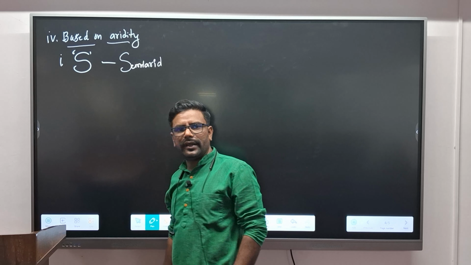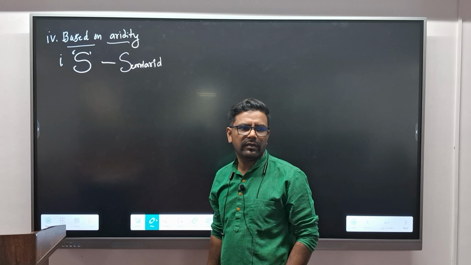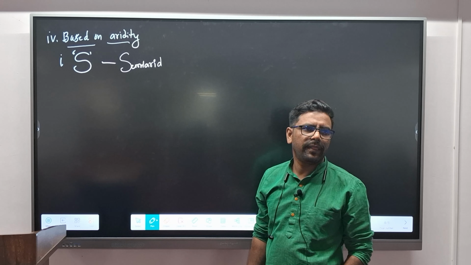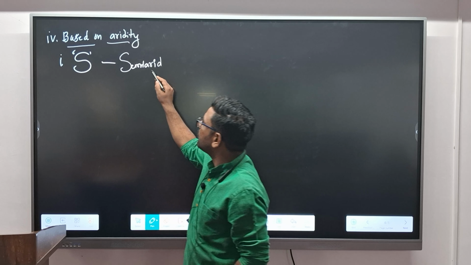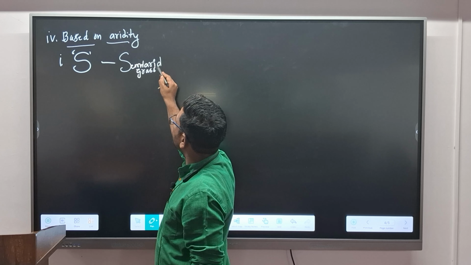Semi-arid area, for example, now only we have told, right? Grasslands. You must remember. So we can call it grasslands.